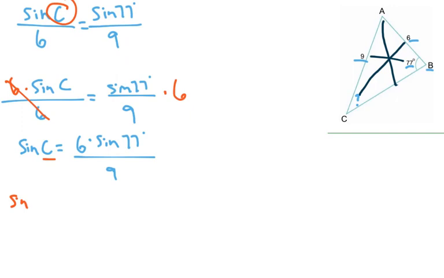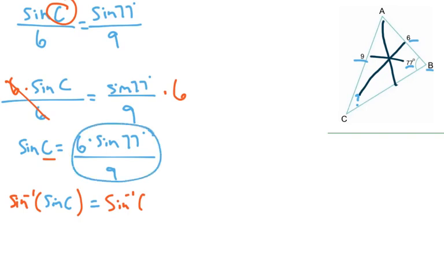So sine to the negative 1 of the sine of C is equal to the sine to the negative 1 of this entire thing, which let me calculate what this number is. So 6 times the sine of 77 gives me 5.846, divided by 9 gives me 0.64958. So 0.65.